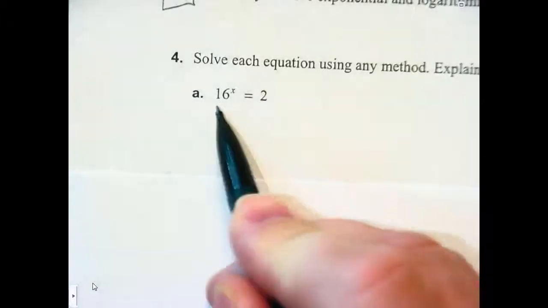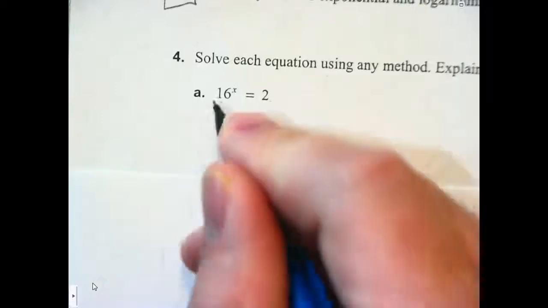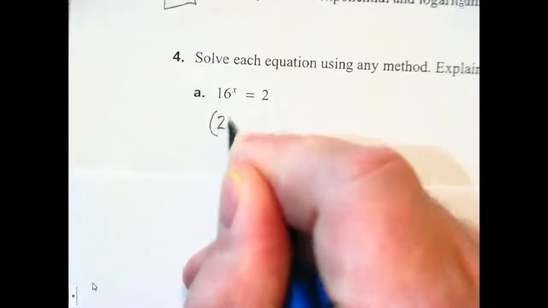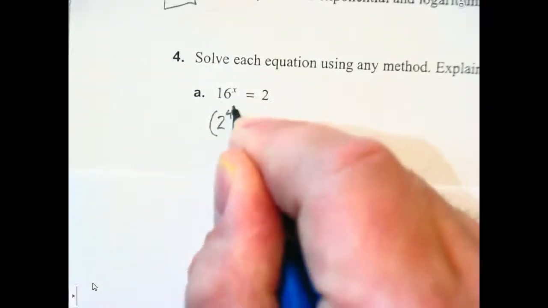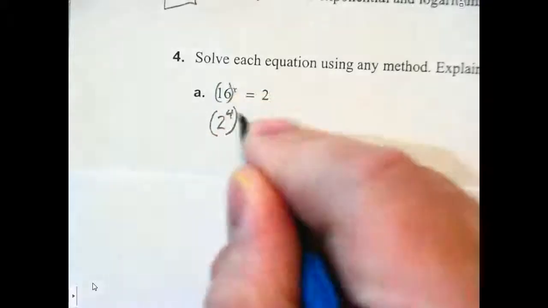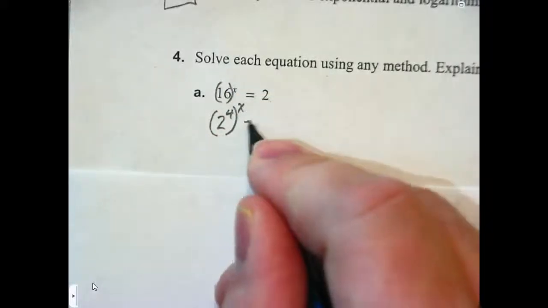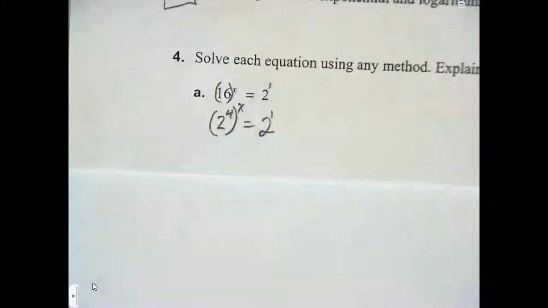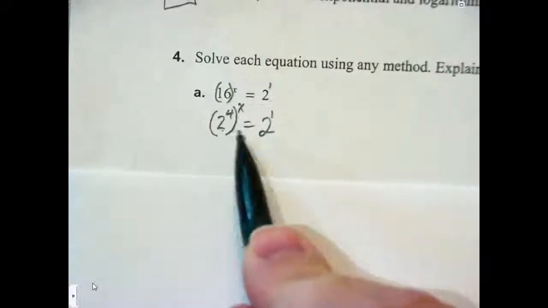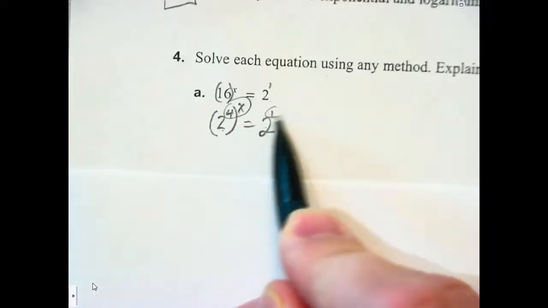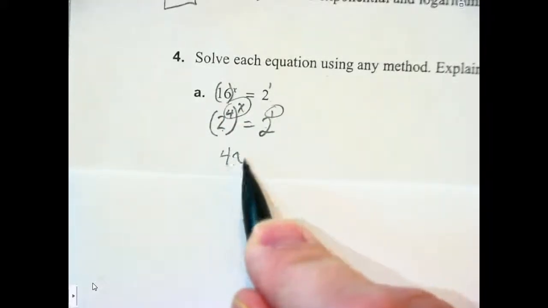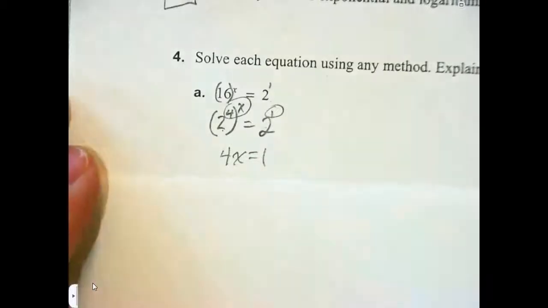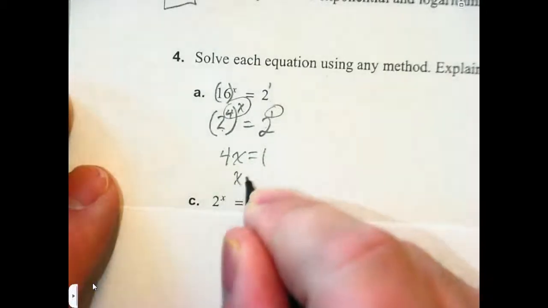These are both base what? Base 2. This is 2 to the 4th, so 16 becomes 2 to the 4th. And we have our x out here. And we have 2 to the 1st. Okay? Which means if you're at the same base, your exponents have to be equal. 4x equals 1. So x is 1/4.